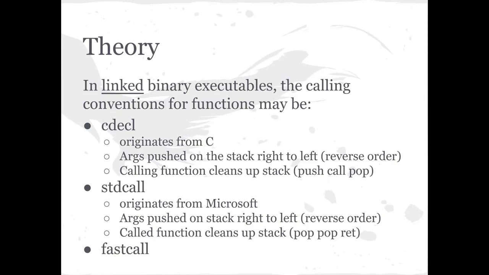And this is why we introduced the calling convention early on. We covered cdecl, we covered standard call. We did not cover fast call. Fast call is an important calling convention used in Linux where the first 6 registers are used to store variables as opposed to the stack.